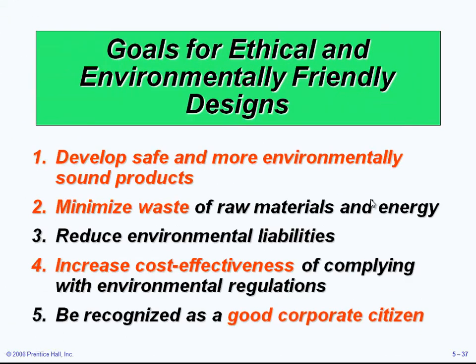Then we develop safer and more environmentally sound products. We will try to minimize the waste of raw material and energy. We will try to reduce environmental liabilities, and increase cost effectiveness of complying with environmental regulations, and be recognized as a good corporate citizen.